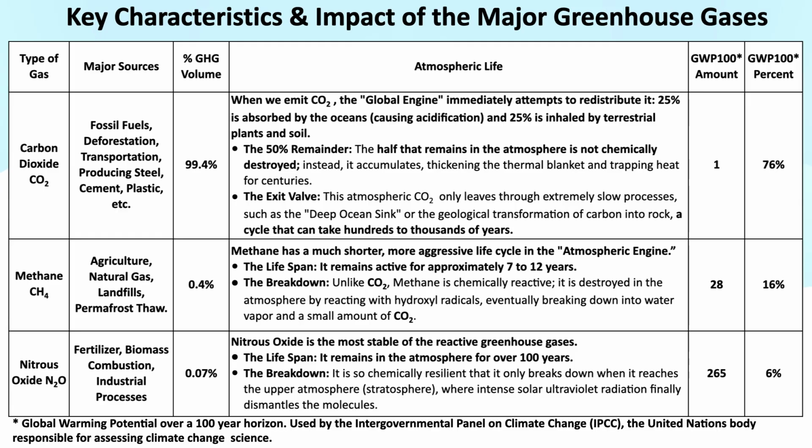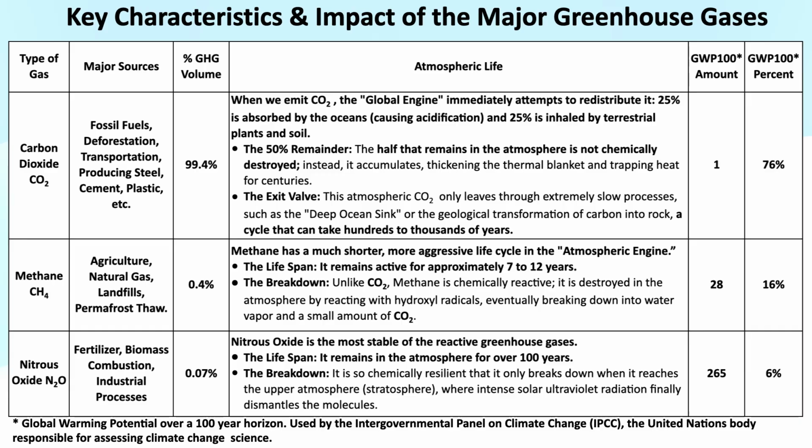What's the atmospheric life of those greenhouse gases? What's their warming potential over a 100-year period? And then what is the GWP 100? That means what is the real warming potential then of these greenhouse gases when you take all of that into consideration? So let's start with carbon dioxide for how this works.